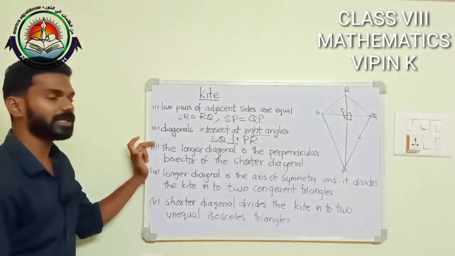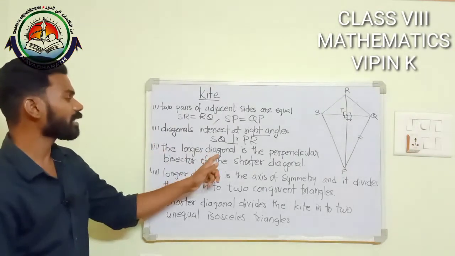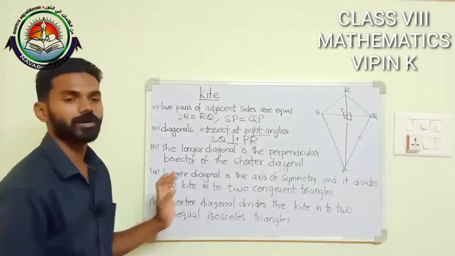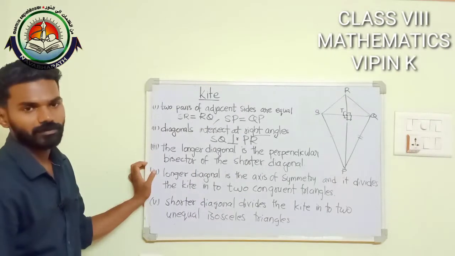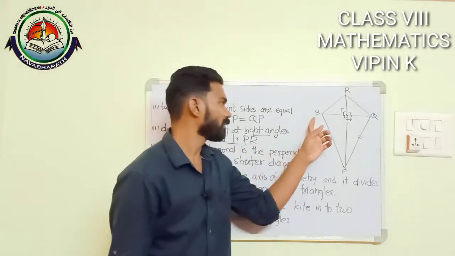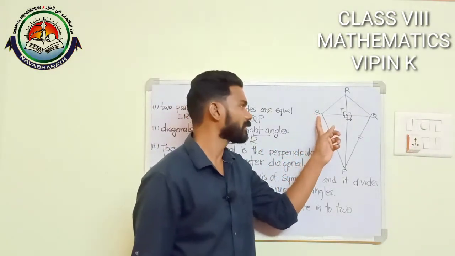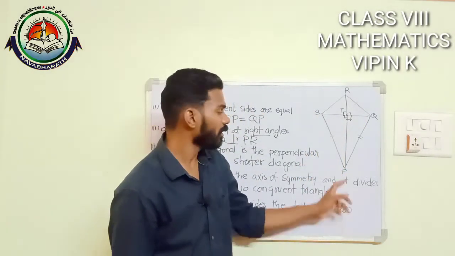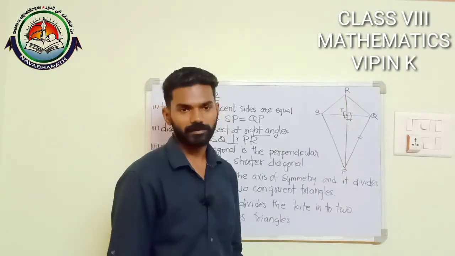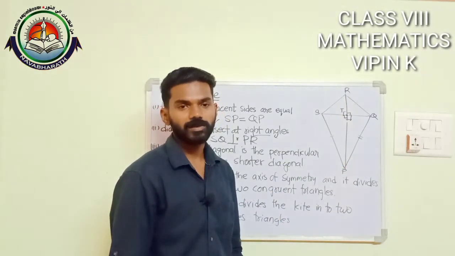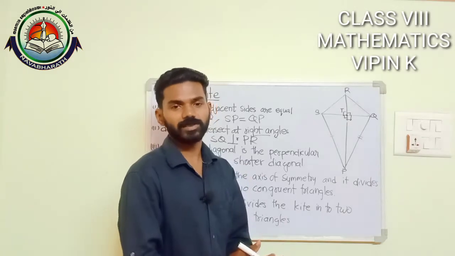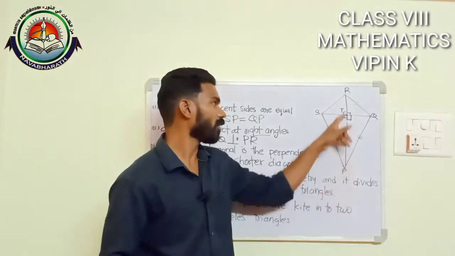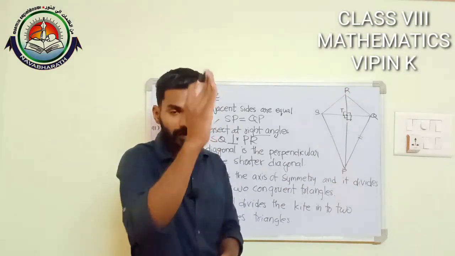Now what is the second property? The longer diagonal is the perpendicular bisector of the shorter diagonal. You can see that the shorter diagonal is SQ and it is divided by the longer diagonal PR, through its middle.